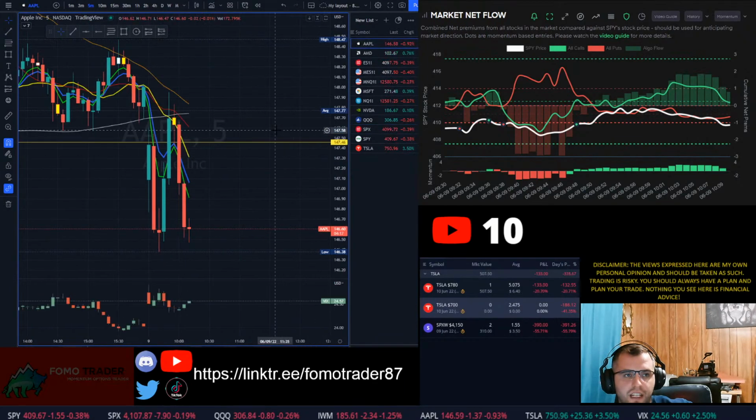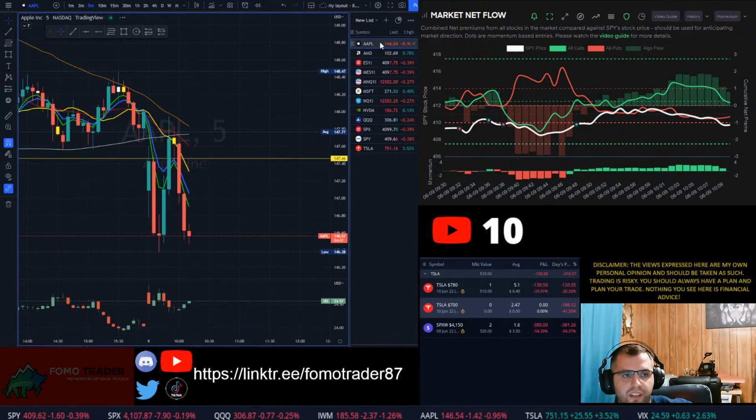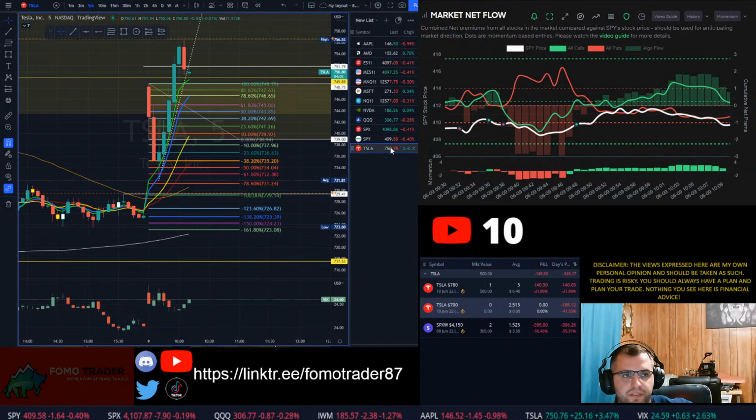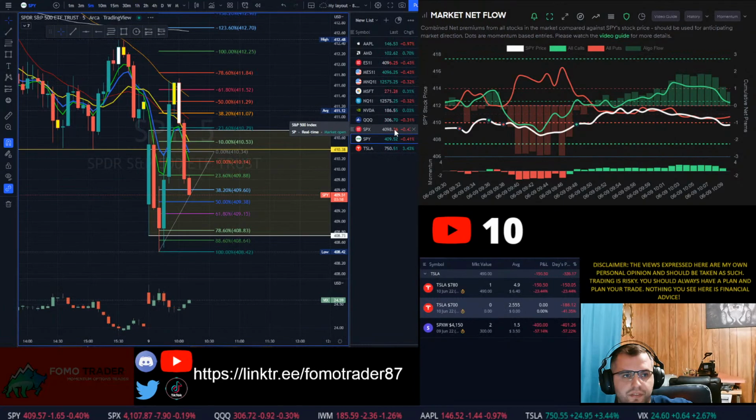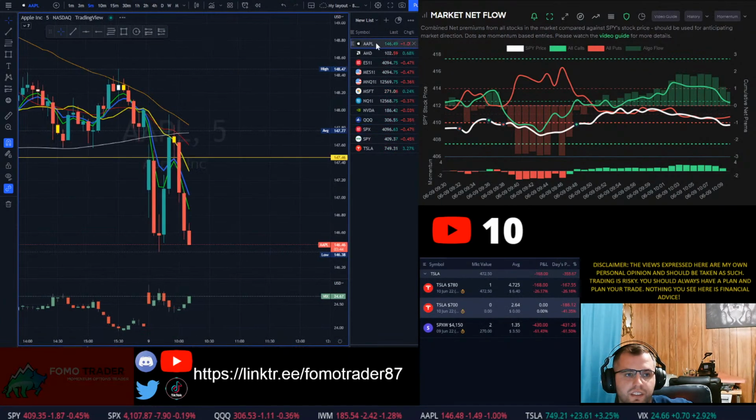But Apple is really what's pulling us down here. Microsoft seems to be holding up pretty well, all things considered. SPX just selling off hard here.